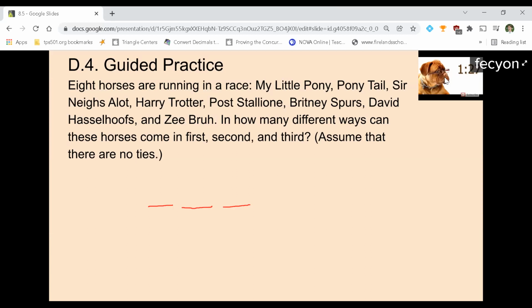Harry Trotter is better than that. Because it's like Harry Potter, but they replaced the Potter with Trotter because that's what horses do. And now it's funny. When you explain the joke, it improves it.